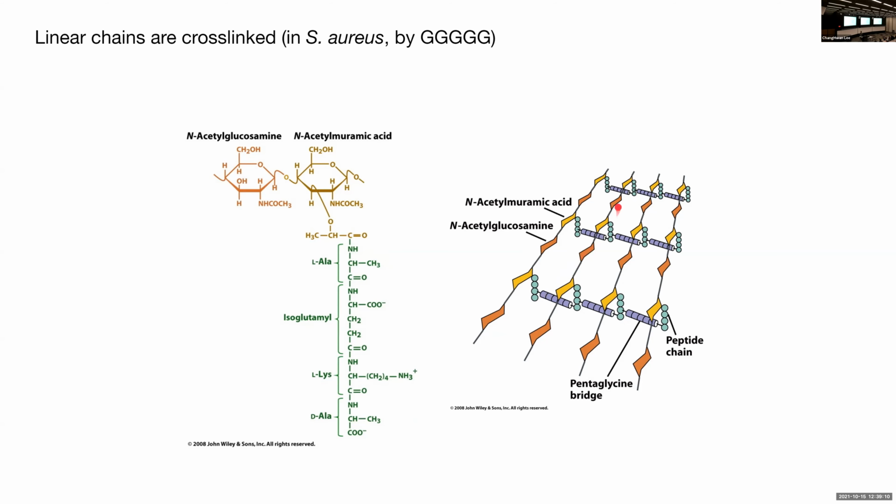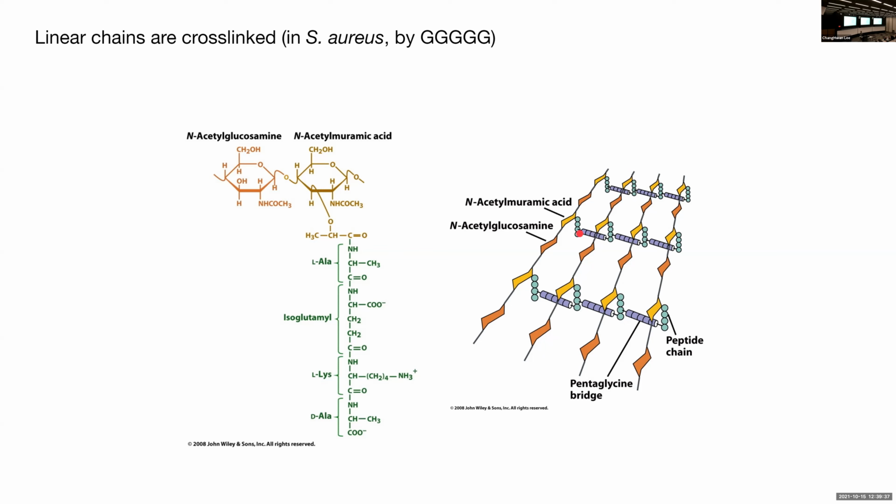lysine, and alanine, which is depicted here as these beads in blue, four of them here you can see, and this one can be connected to the other tetrapeptides that are attached to the other chain of this peptidoglycan.